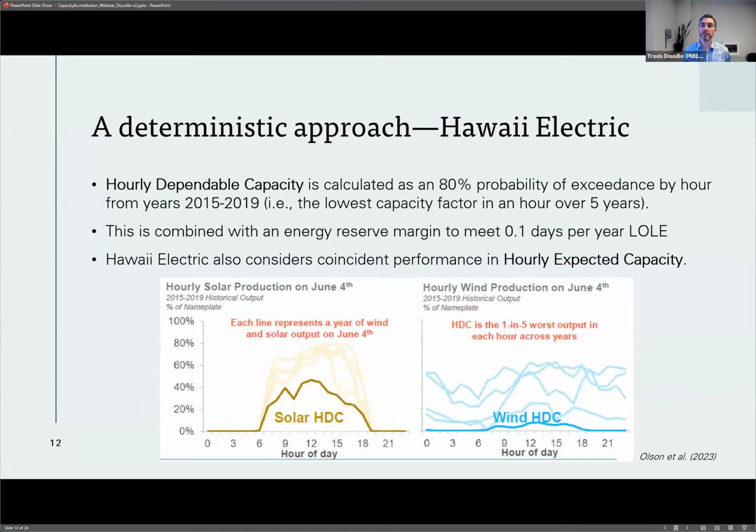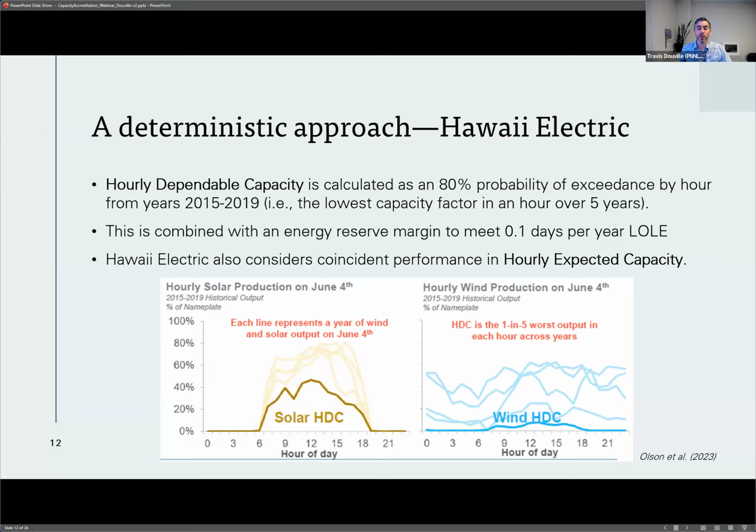There are various places in the country where deterministic approaches are still used effectively, I'll add. And Hawaiian Electric offers an interesting case study. HECO has historically considered hourly dependable capacity, which is looking at the variable generation in each hour out of a 5-year historical record, so deterministic in that way. The HDC accredits the capacity as the worst performance in that hour for every resource.